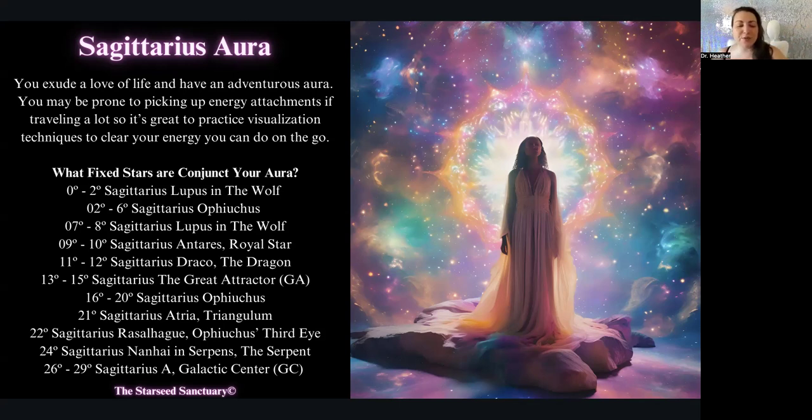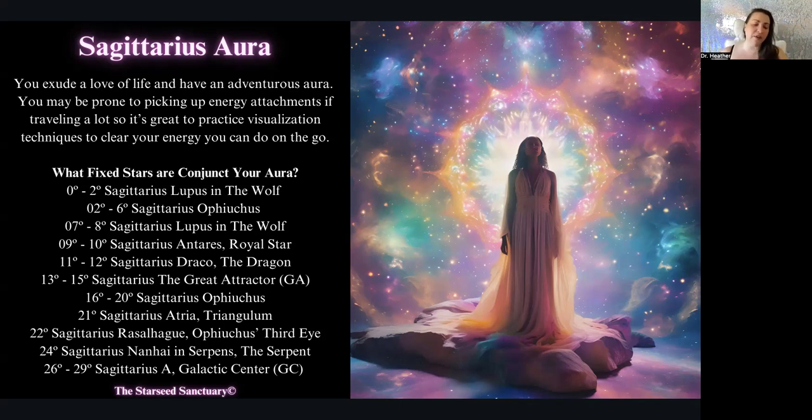16 to 20 degrees will be stars of Ophiuchus, that radiant healing frequency in the aura. 21 degrees will be Atria in the Triangulum constellation. 22 degrees would mean your natal asteroid aura in Sagittarius is conjunct Ophiuchus's third eye. Very, very psychic aura for that placement. 24 degrees will be in alignment with one of the stars in Serpens.